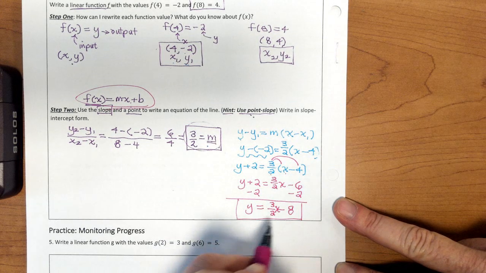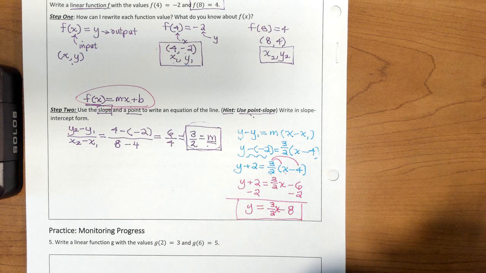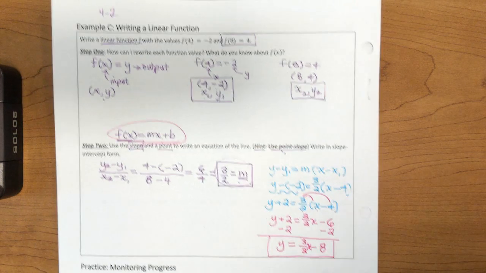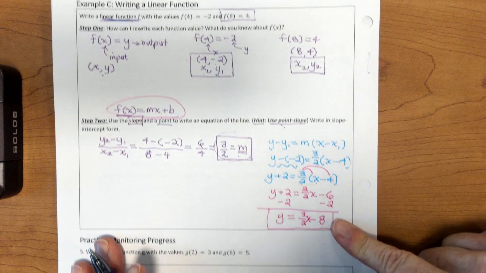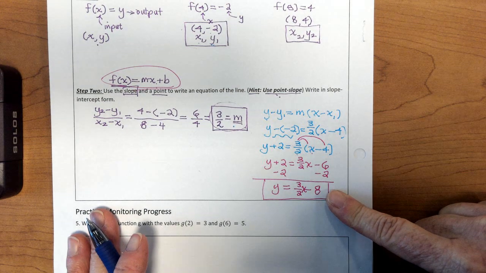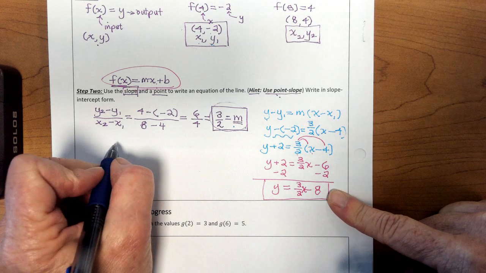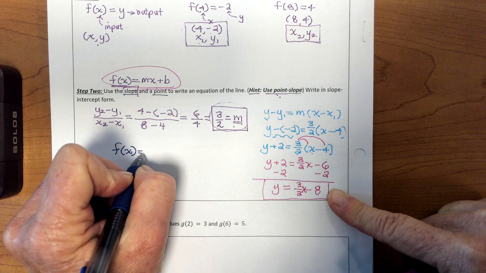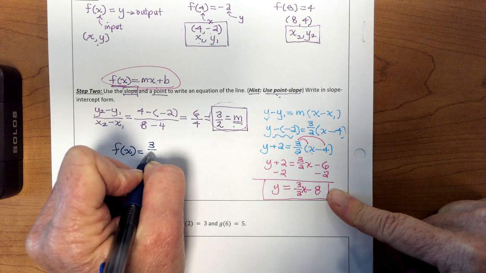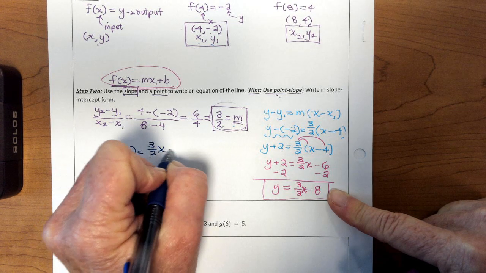So I've got y is equal to 3 over 2x minus 8. However, I need to go back and make sure it says to write a linear function. So instead of y is equal to 3 over 2x minus 8, I'm going to write f of x is equal to 3 over 2x minus 8.